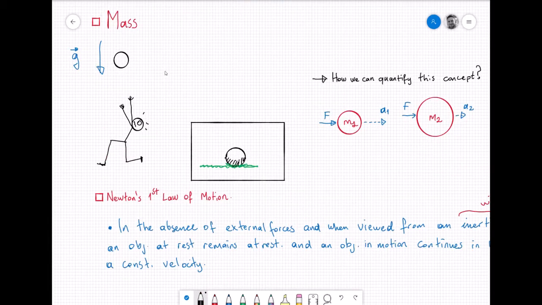Let's continue with the mass and how it affects the motion of an object. Let's consider this guy who is trying to catch a ball which falls directly onto him. In case one, this ball is just a basketball.